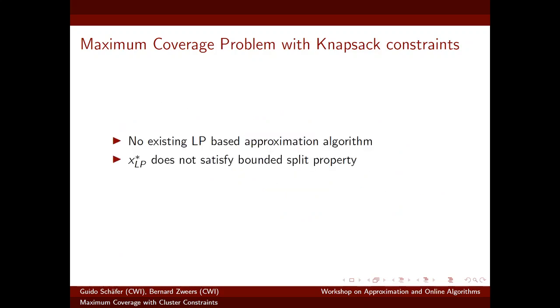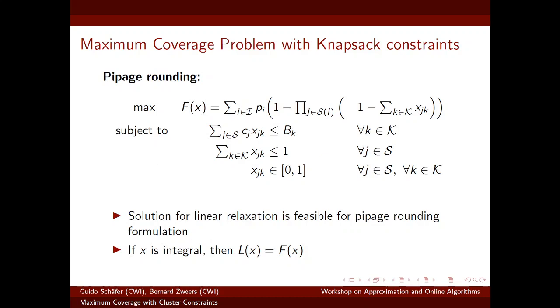Well, there is no existing LP-based approximation algorithm for this problem. And the downside of this formulation is that the optimal LP relaxation does not satisfy the bounded split property. So what we will do is we will look at the pipage rounding formulation, and that's given here. As you can see, the constraints are the same.